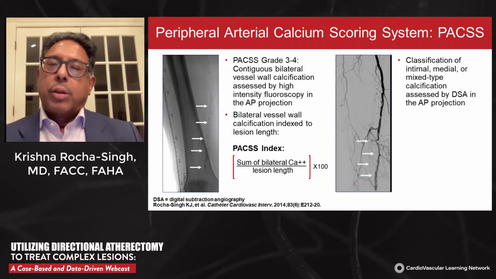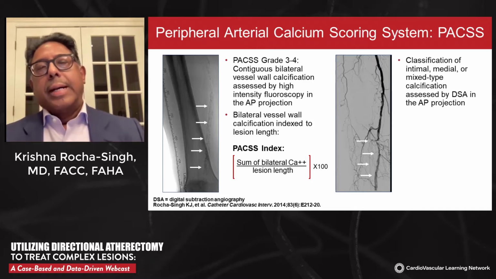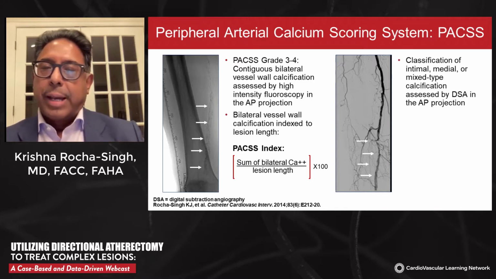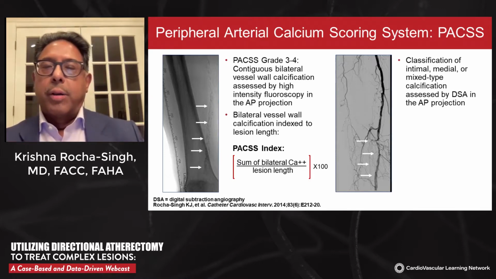But more important than looking at bilateral calcification, which has been hypothesized by Finelli et al. as being potentially an impediment to the uptake of paclitaxel, we actually looked at an additional metric, and that was the PACS index. Core lab adjudication of this PACS index looked at the summation of bilateral calcification, divided by the lesion length and multiplied by 100.